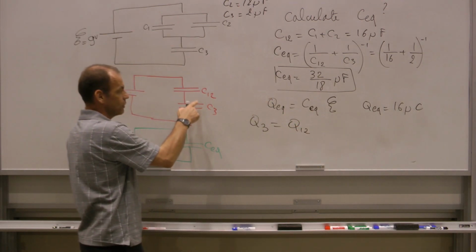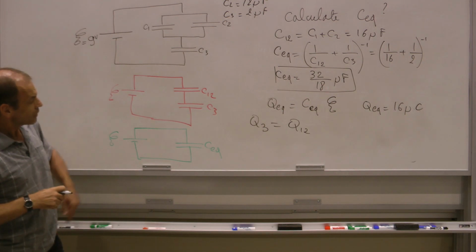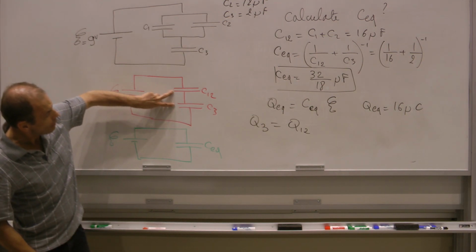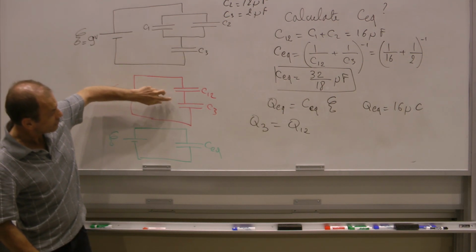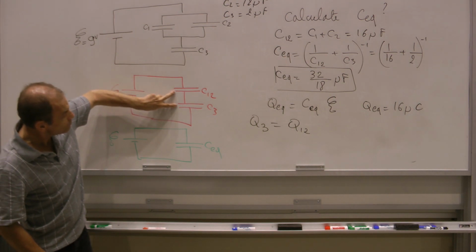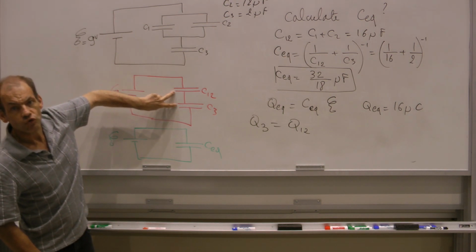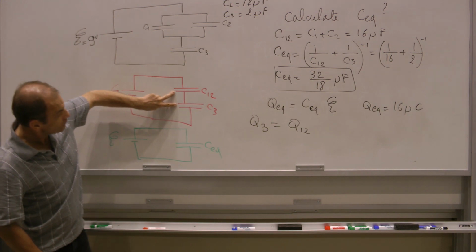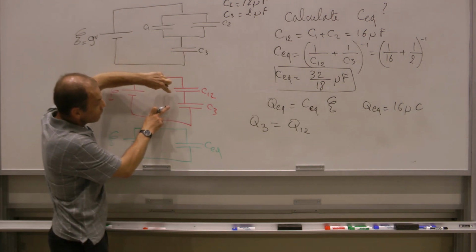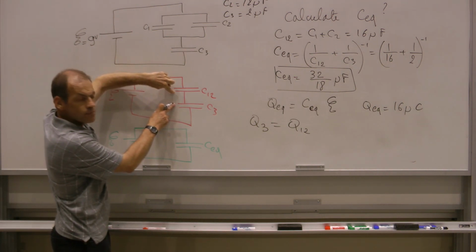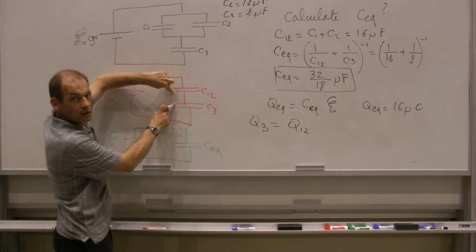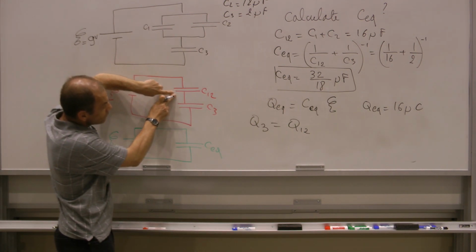The charge held by 3 is equal to the charge held by 12. The reason is because the inner plates of the capacitors are initially neutral. So if they're initially neutral, the only possibility is to hold the same amount of charge.